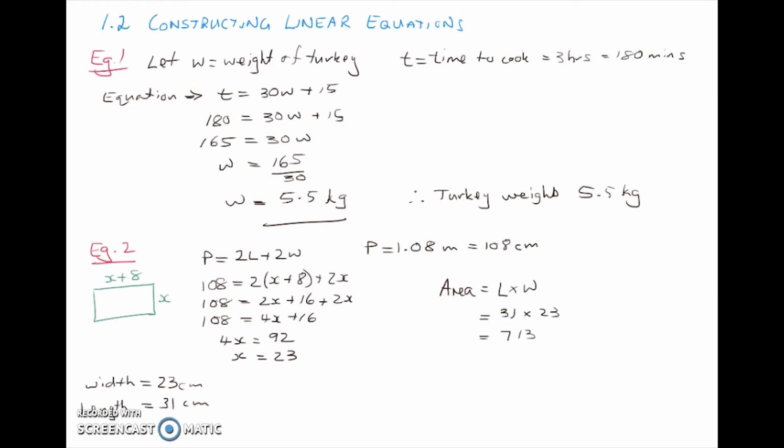Of course, we need to include units, it's centimeters squared. And then writing a final statement: therefore, the area of the rectangle is 713 centimeters squared.